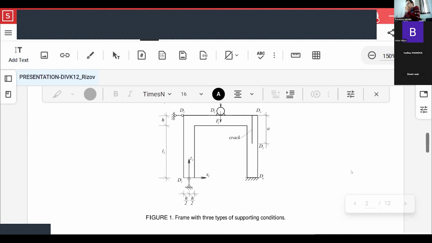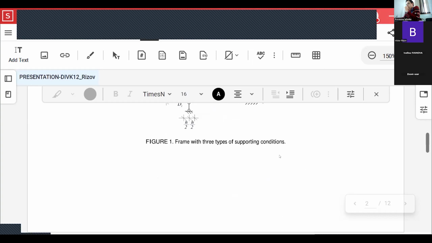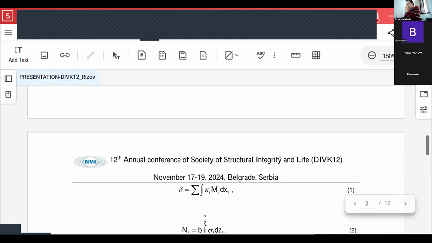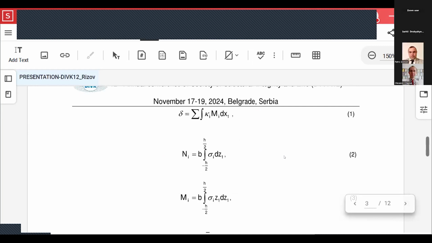By employing the integrals of Maxwell-Mohr, we obtain formula number 1 for this displacement. In this formula, Ki is the curvature, Mi is the bending moment due to the virtual loading.